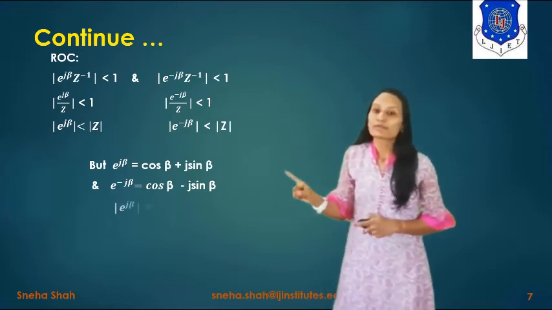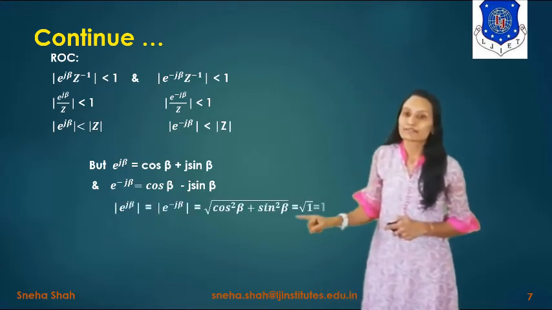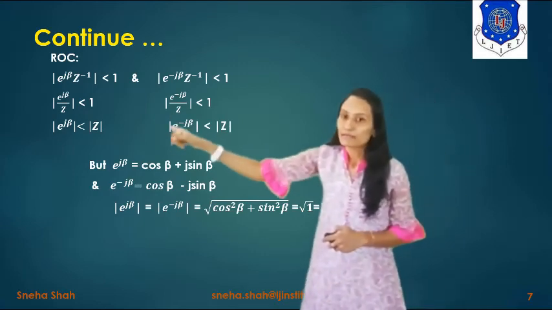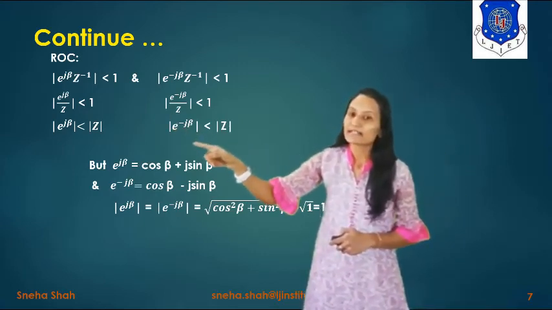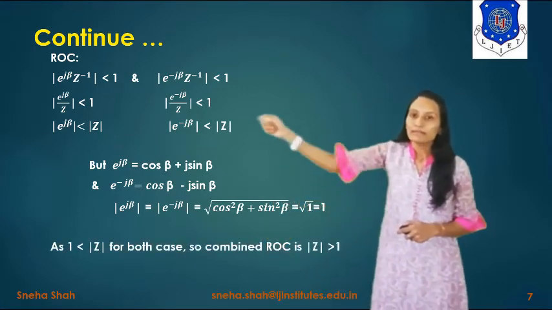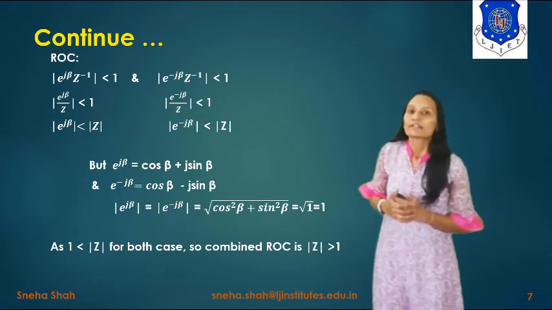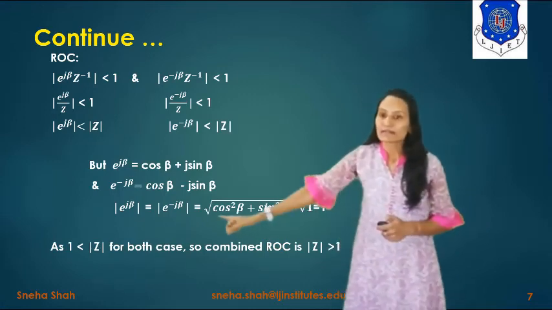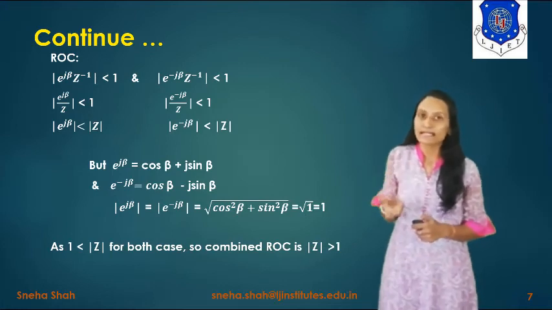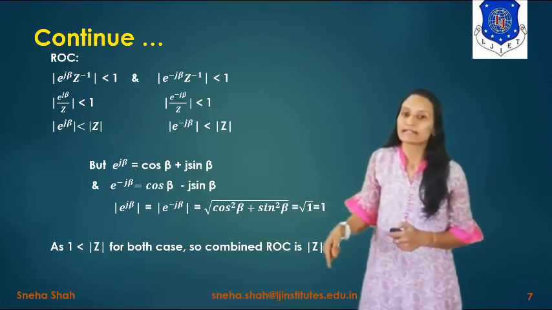So the square root of 1 gives the answer 1 in both cases. So instead of the mod of e raised to j beta and e raised to minus j beta, we will put the value 1 for both cases. So the combined ROC will be mod z greater than 1, because 1 is less than mod z.